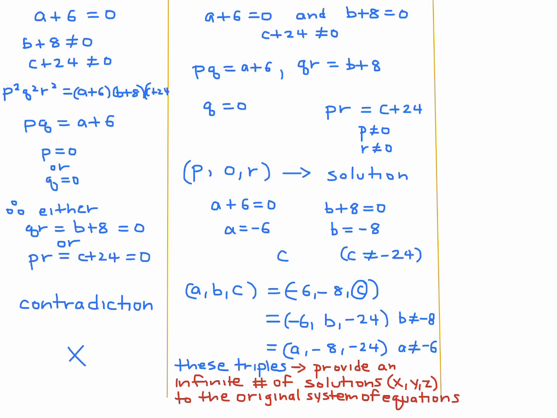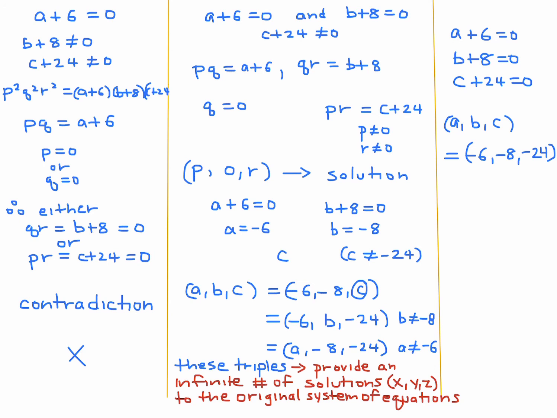Now there's one more, and that is if all three are equal to 0. So that means A plus 6 is 0, B plus 8 is 0, and C plus 24 is 0. And obviously if you solve for those, you'll get A, B, C is equal to minus 6, minus 8, and minus 24. And that will also give you an infinite number of solutions.